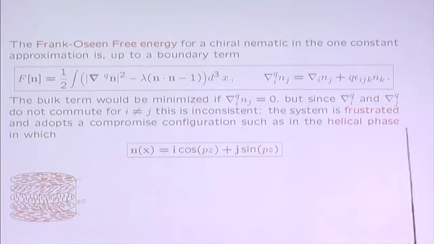So it's a frustrated system in the language of statistical physics, and so it adopts a compromise, and the compromise I want to talk about is the helical phase, which is, I'm sure, familiar to everyone here. The director just wanders around with a certain pitch length, and is constant. It depends only on the z direction. That's the assumption I'm going to make about the helical phase.